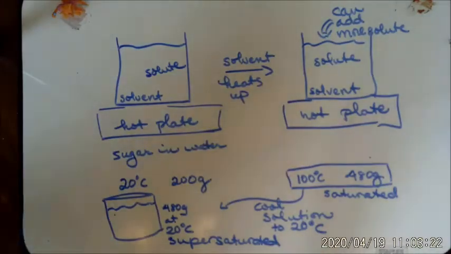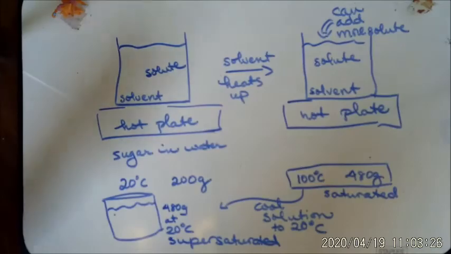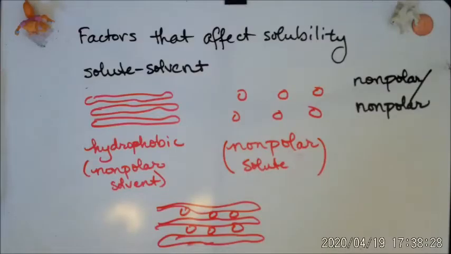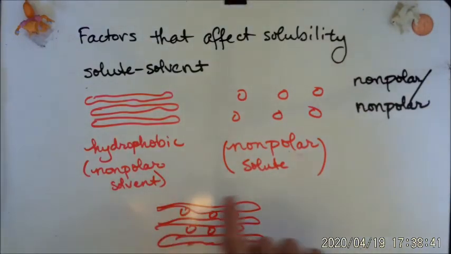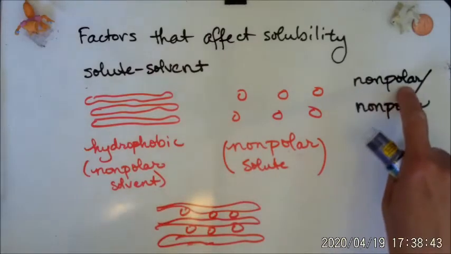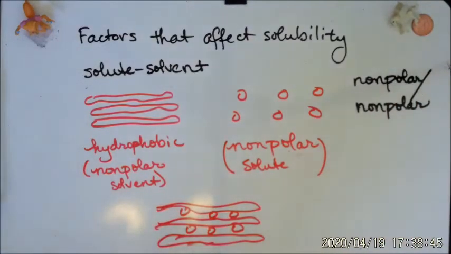Okay, so let's talk about factors that affect solubility. It'll be solute-solvent interactions. All right, we already talked about intermolecular attractions. So when we have a nonpolar solute and a nonpolar solvent, what's going to happen?